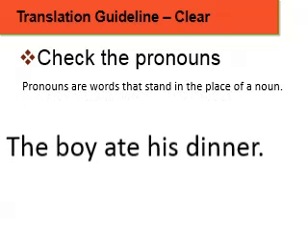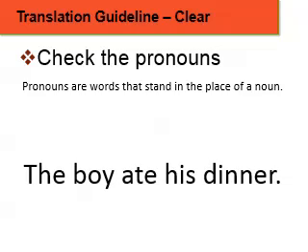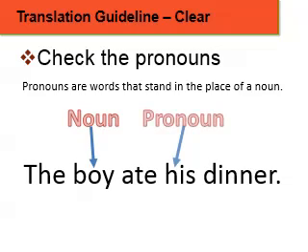In this sentence, the boy ate his dinner. Boy is the noun, and his is a pronoun that refers back to the boy. For more information, see the Translation Academy page on English sentence structure and parts of speech.